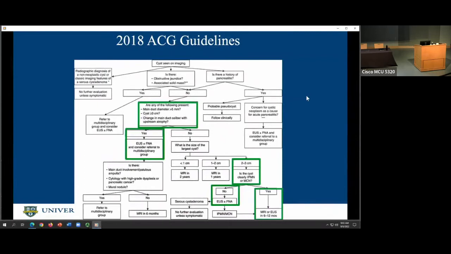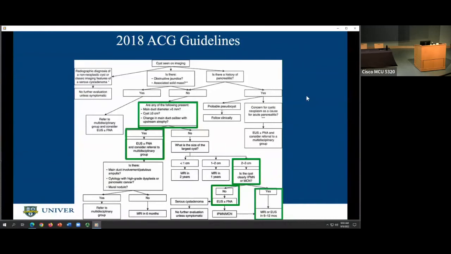And if the cyst is low risk and does not have any of these high-risk features, then they enter into the surveillance program based on their cyst size, which again I will go into a little more detail. So if it's less than 1 centimeter, they can get an MRI in 2 years. For 1 to 2 centimeters, MRI in 1 year.